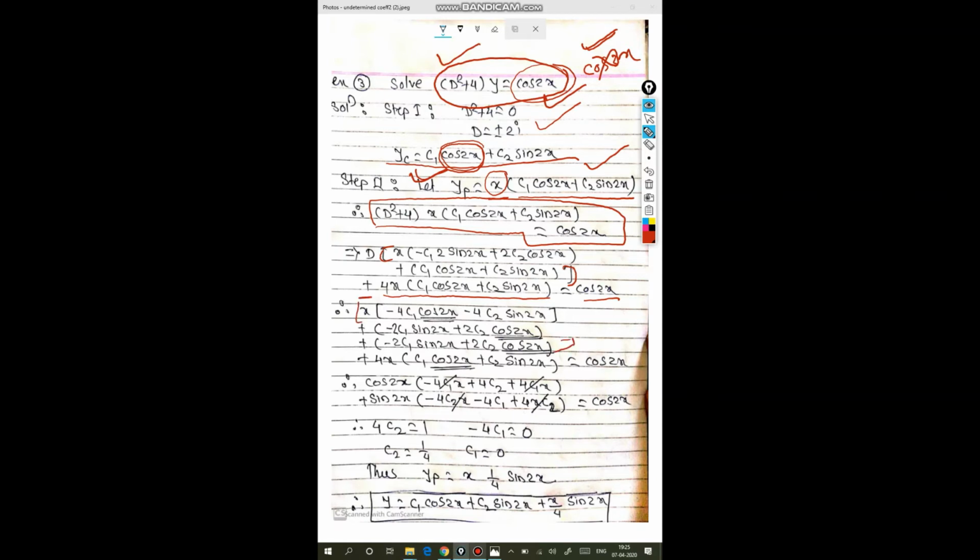Then we collected the terms of cos 2x and the terms of sin 2x, and comparing the coefficients of cos 2x and sin 2x on both sides, we get c1 and c2, replaced them here, and got the final answer. Okay, so this is known as the method of undetermined coefficients.